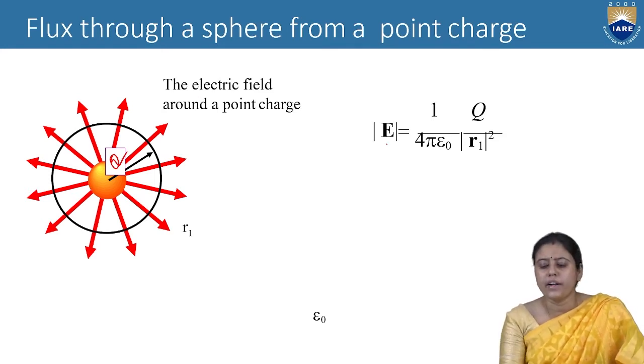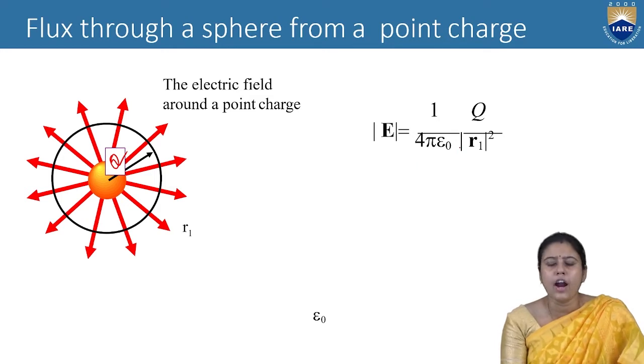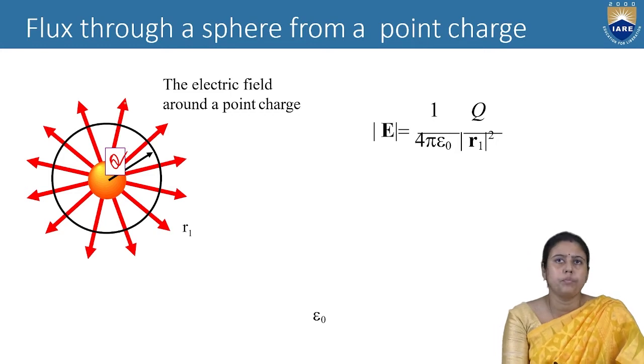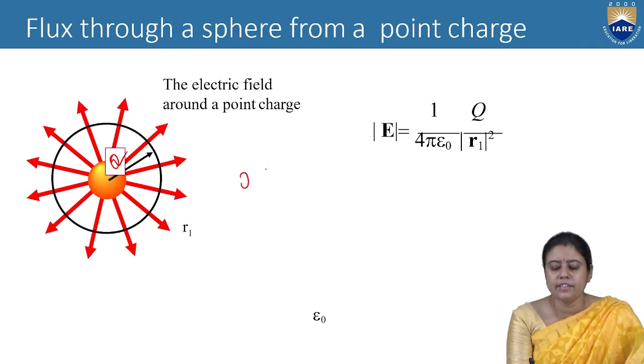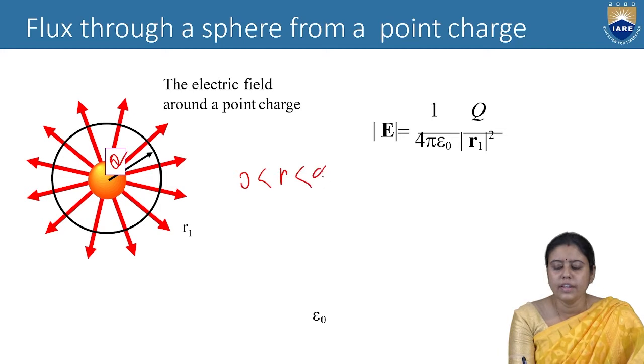And we know what intensity is. Intensity of a field is given by 1 by 4 pi epsilon 0 times q by r1 squared. What is r1? It is the radius of the sphere, and the radius can go up to infinity. The range of the radius is 0 to infinity.